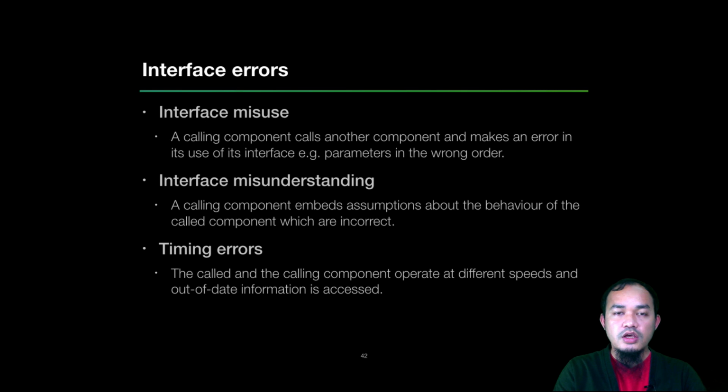You don't want to test login, but you call register, for example. This is misuse of the interface, so you have to consider this. Interface misunderstanding: you are calling login, but you try to test using the registration component or registration test case.